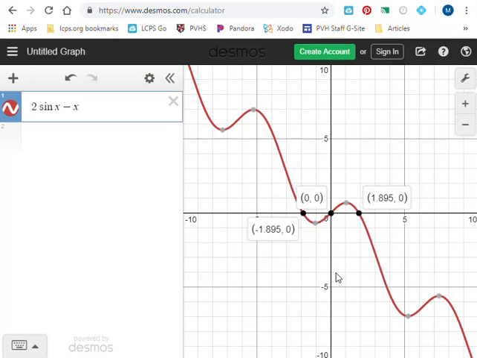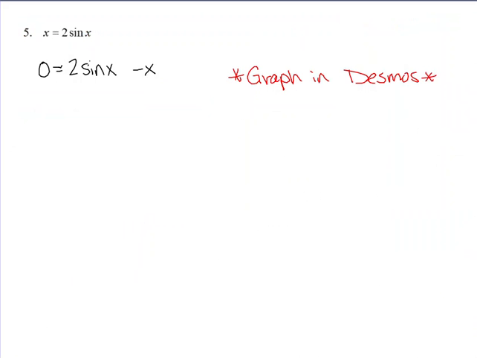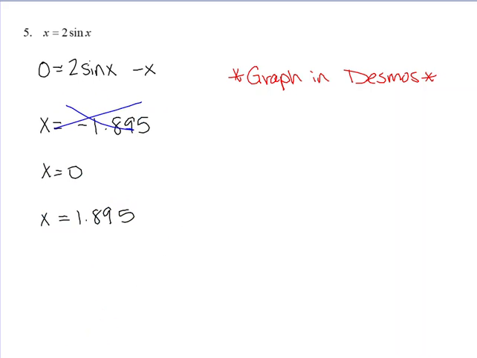So we have negative 1.895, 0, and 1.895. Now, negative 1.895 is not between 0 and 2 pi, so we just need these two answers.